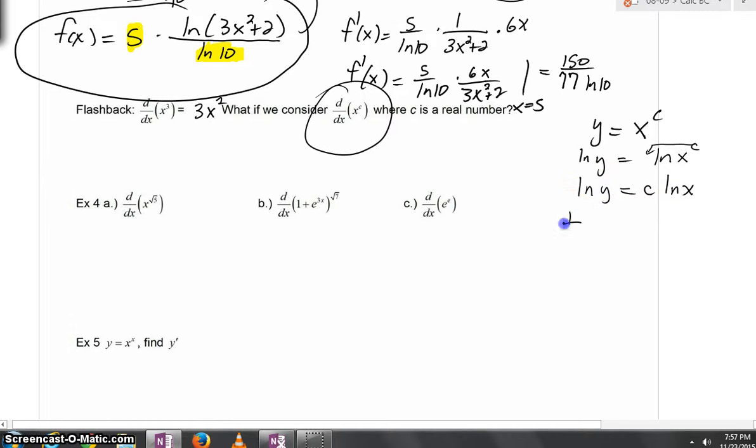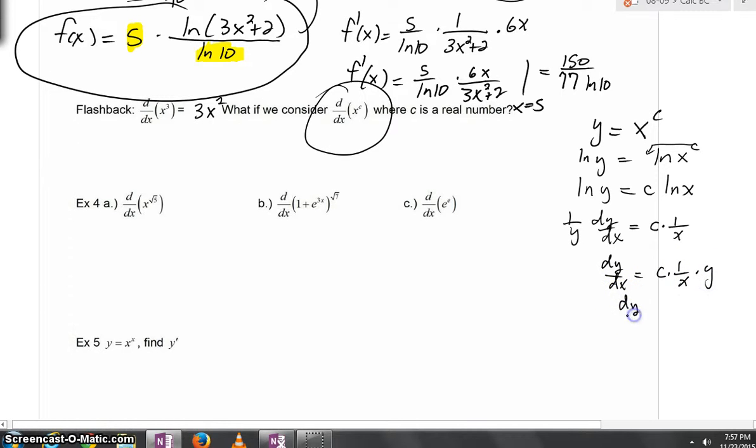Take a derivative. On the left side, we'd get 1 over y, dy dx. On the right side, remember that c is just a constant, and the derivative of the natural log is 1 over x. It follows that dy dx would be c times 1 over x times y.